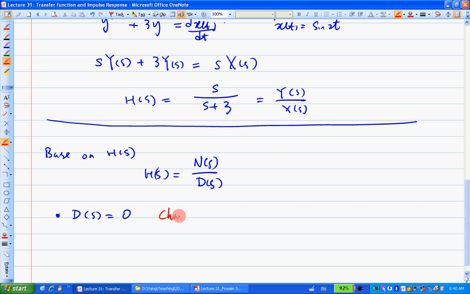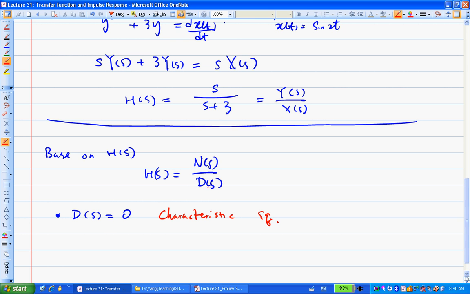Of course, when you're solving the characteristic equation, you get a solution for those lambda. We just call lambda the roots of the characteristic equation. But in this particular case, we can give it a different name now.